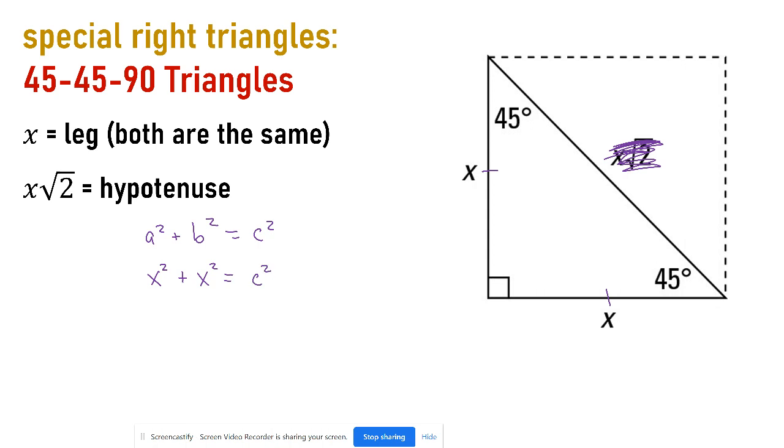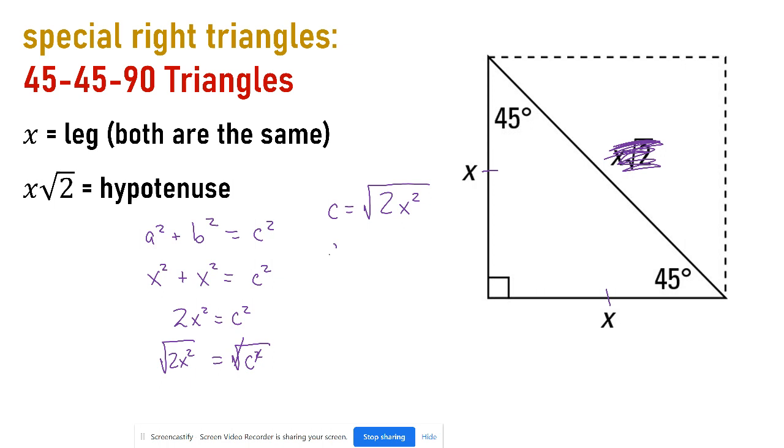Okay, so when we work this out, x squared plus x squared is 2x squared equals c squared. And then to figure out what c is, we have to take the square root. So we take the square root of both sides. So those cancel out, we just get c. So c is equal to the square root of 2x squared. Now here's how you break down a square root like this.